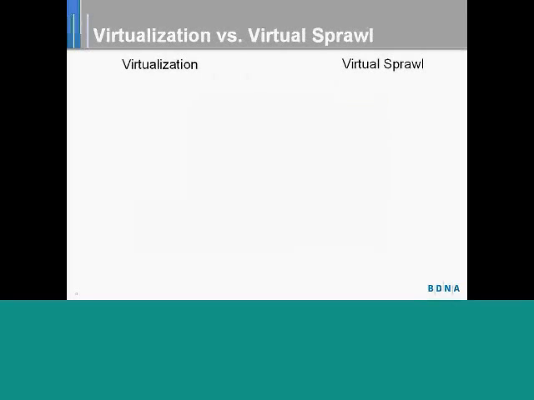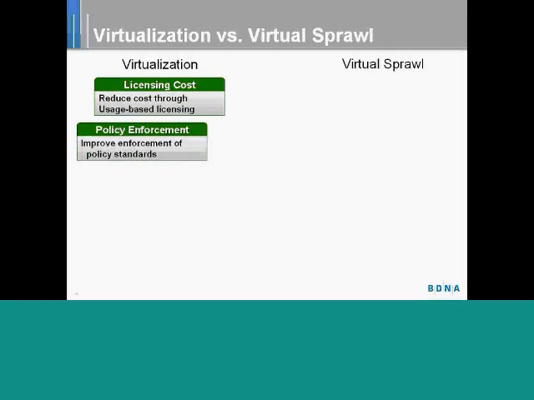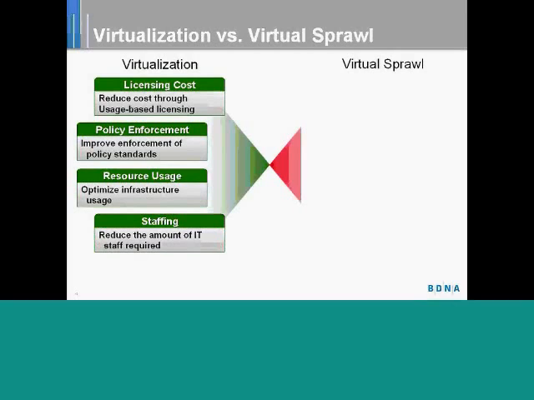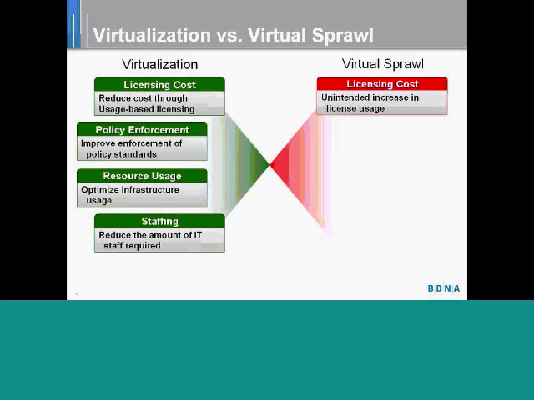Now, virtual sprawl is a result of virtualization, so we have a cause and effect relationship here. What's fascinating about virtual sprawl is that many of the benefits that virtualization has promised to deliver in various areas such as licensing costs, policy enforcement, resource usage, or staffing are reflected almost in a mirror image as disadvantages as a result of virtual sprawl.